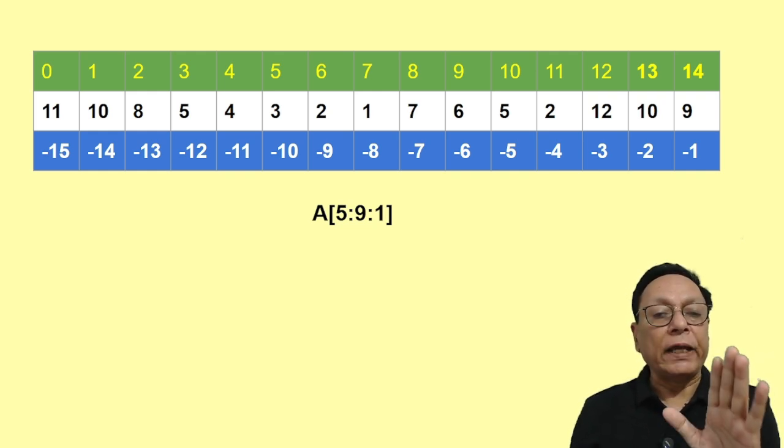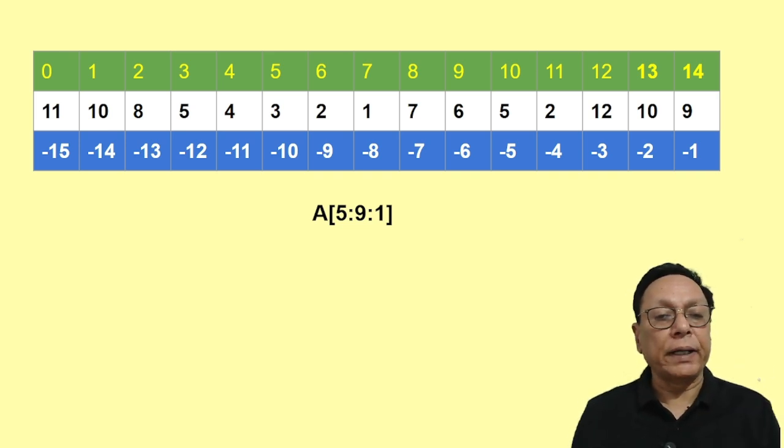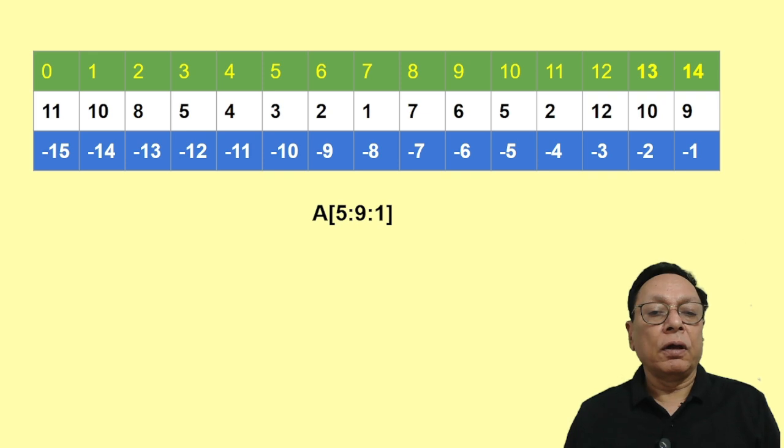So 5:9:1, where 1 is the step, means we move left to right from index number 5 to index number 8.